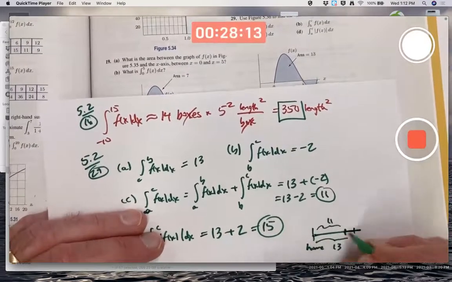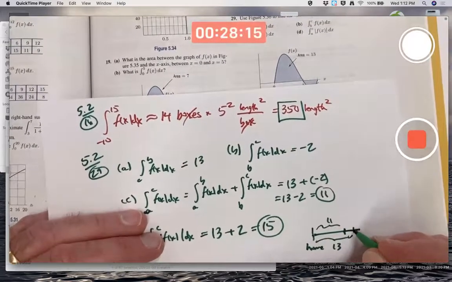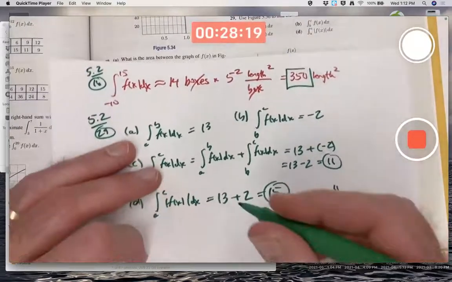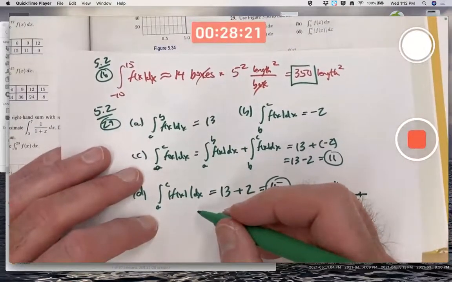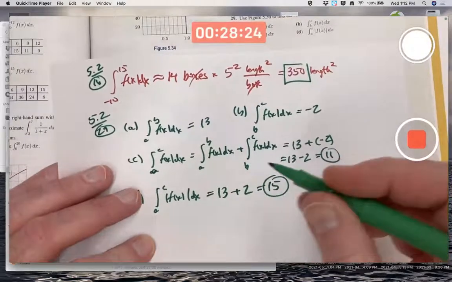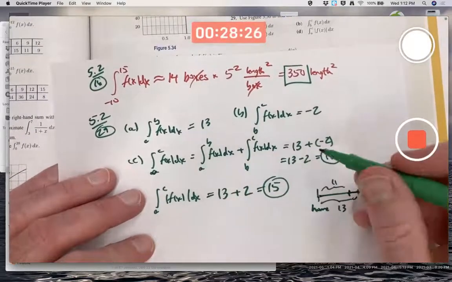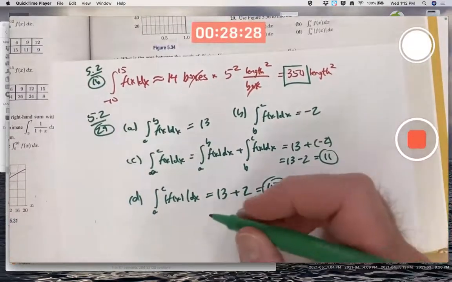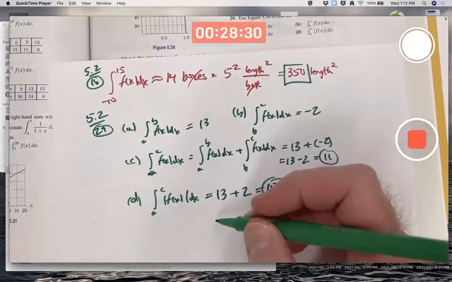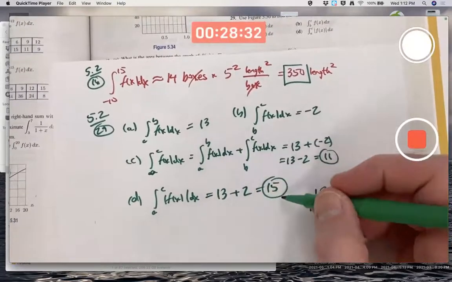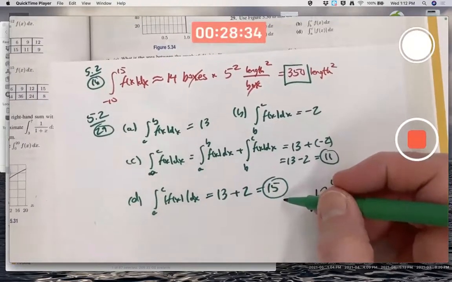You went from 0 to 13, then back another 2. So integrating the absolute value still has meaning. Whereas the integral of the velocity function itself is the change in position. The integral of the absolute value of the velocity, which is the speed, is the total distance traveled, 15.